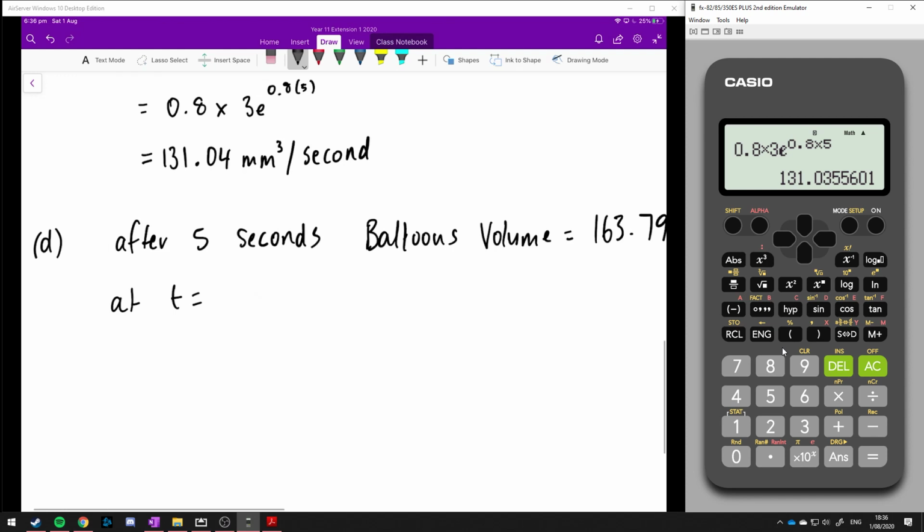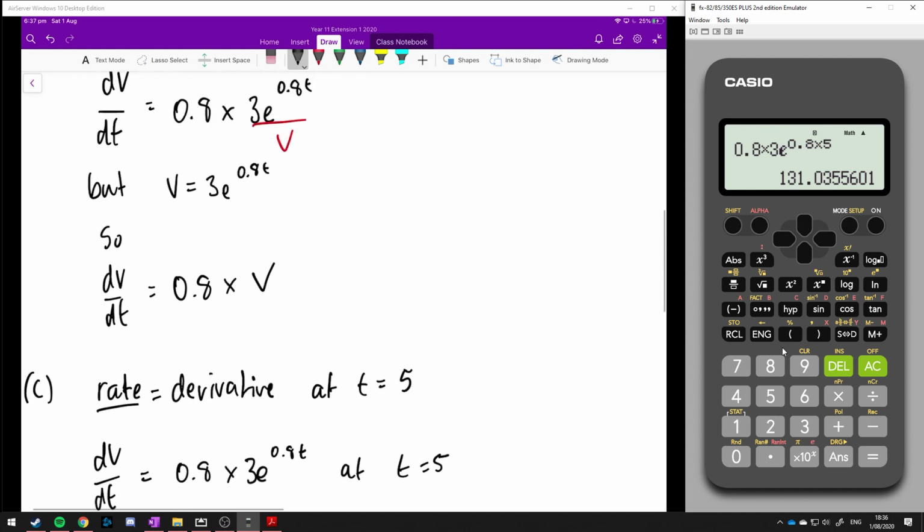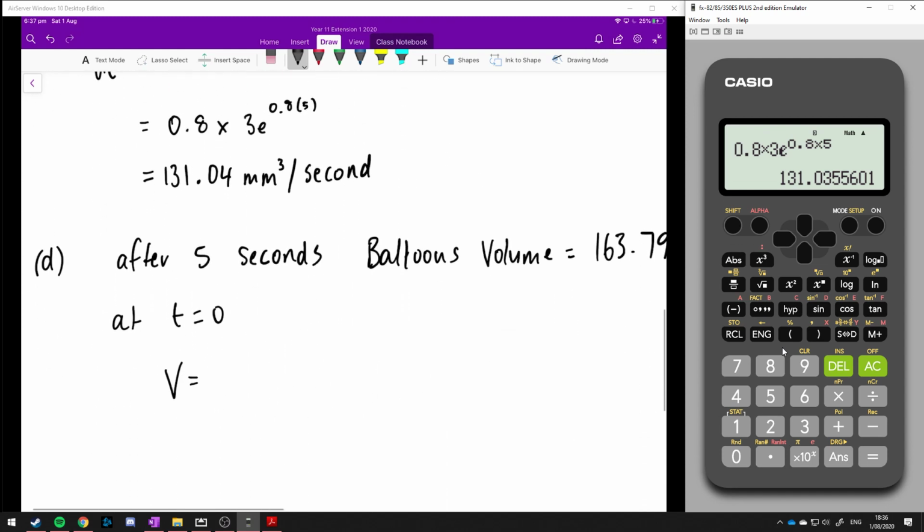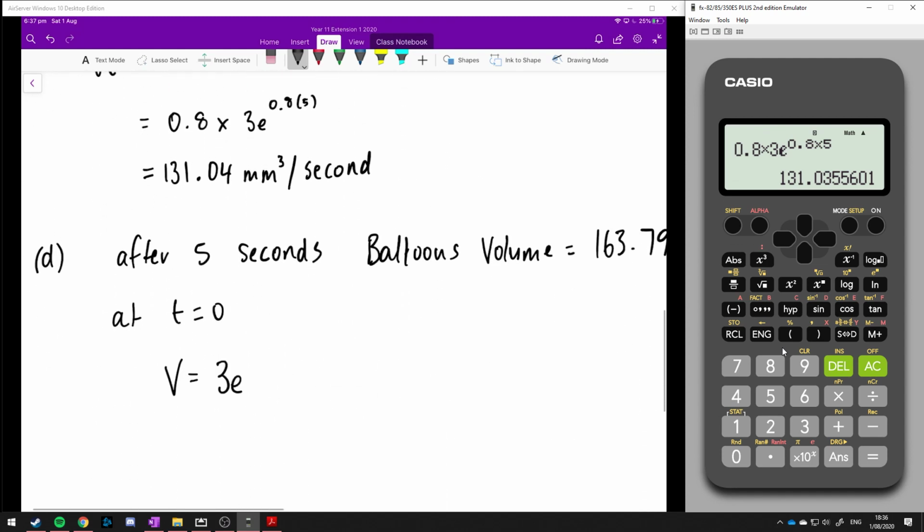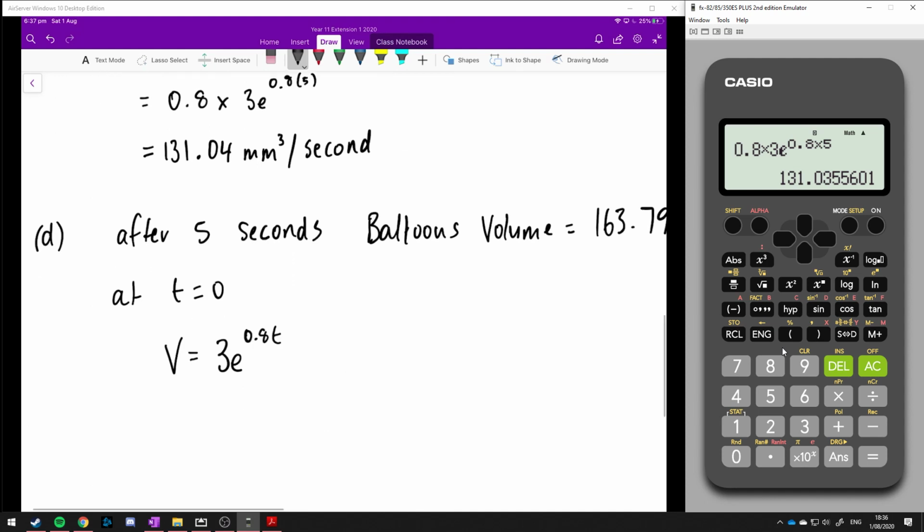At time t equal to 0, how much volume is in it? Well, this is a little bit deceptive because you would think a balloon would have no volume in it to begin with. But we need to actually use the equation. So volume is equal to 3e to the 0.8t at t is equal to 0.